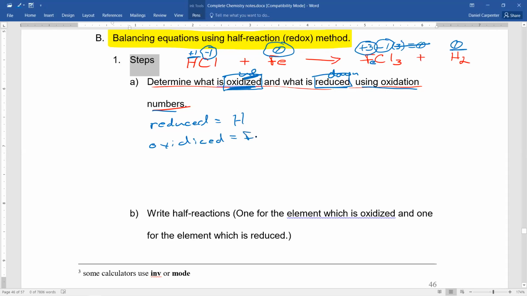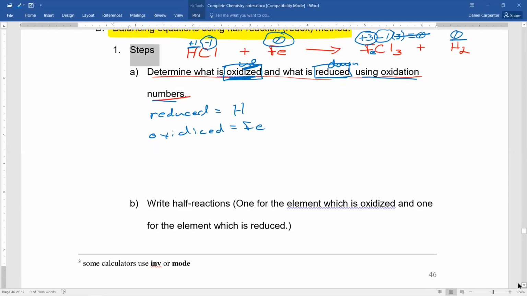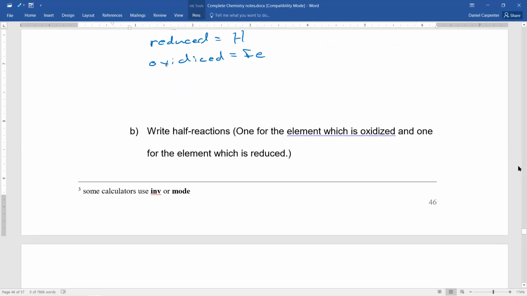Oxidized equals iron. Now, that is the first step. And it was pretty simple if you remember oxidation numbers. Now, okay, so some people look at this and they're like, wow, look at all those steps. There's a lot of steps because I have tried to make each step as simple as I can in and of itself.